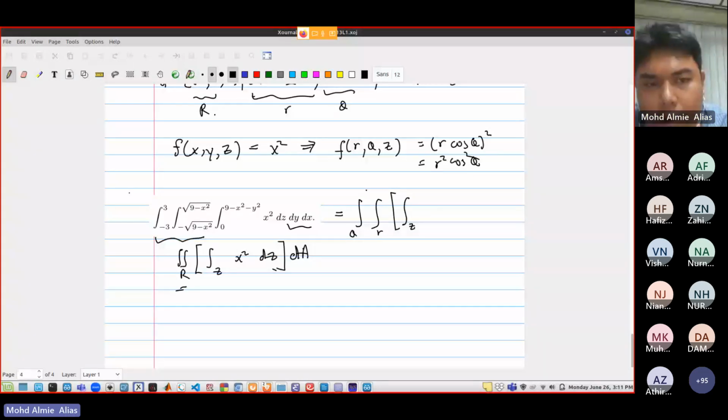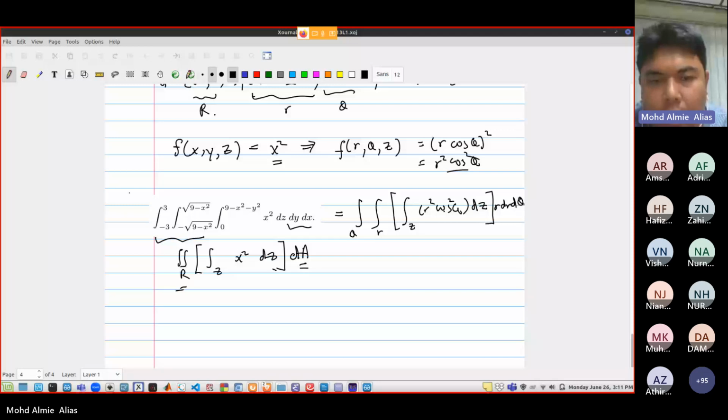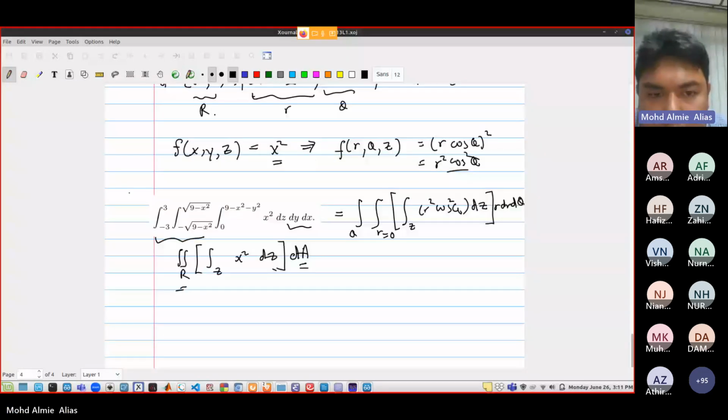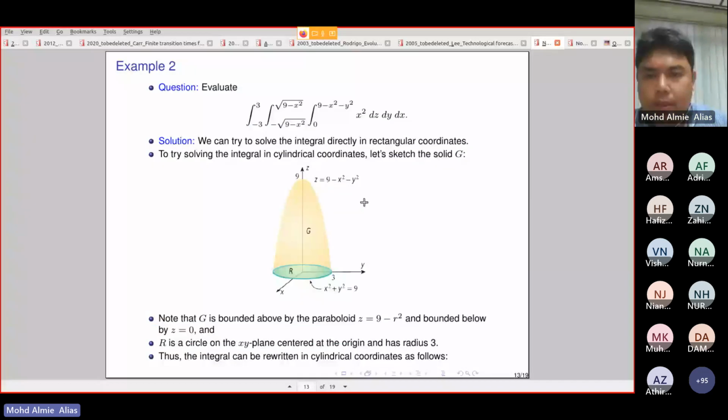X squared now becomes r squared cos theta squared. And dz we just maintain. And dA becomes r dr d theta. So r goes from 0 to 3, and theta here from 0 to 2 pi.